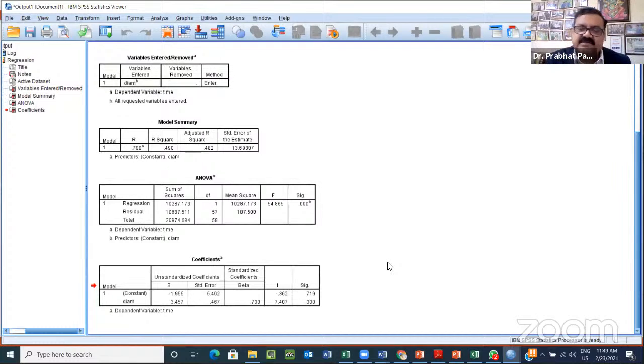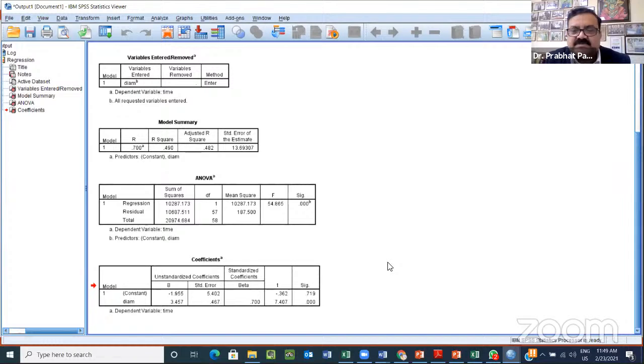Now the limitation of the standardized coefficient is that it will not give you the right kind of prediction, and that's why we do not use it. The advantage of a standardized calculation is that it gives you a robust calculation without bias, because when you convert the data into Z score, the normality of distribution is ensured.